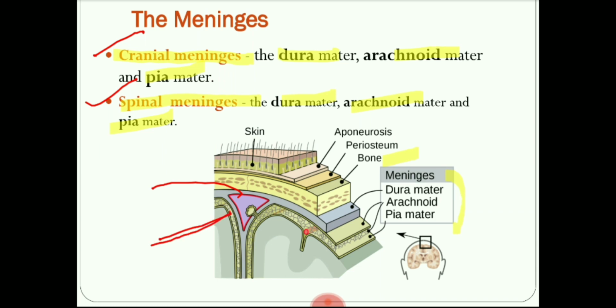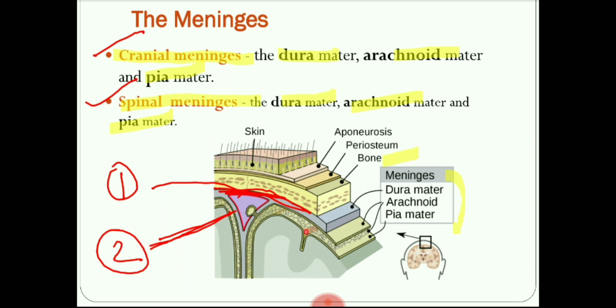So what are the two divisions of the dura mater? Here you can see it is a single layer, but in this region you can see it splits into two layers. One is closely adherent to the bone. This layer is known as the endosteal layer, and the other layer below it is the meningeal layer.